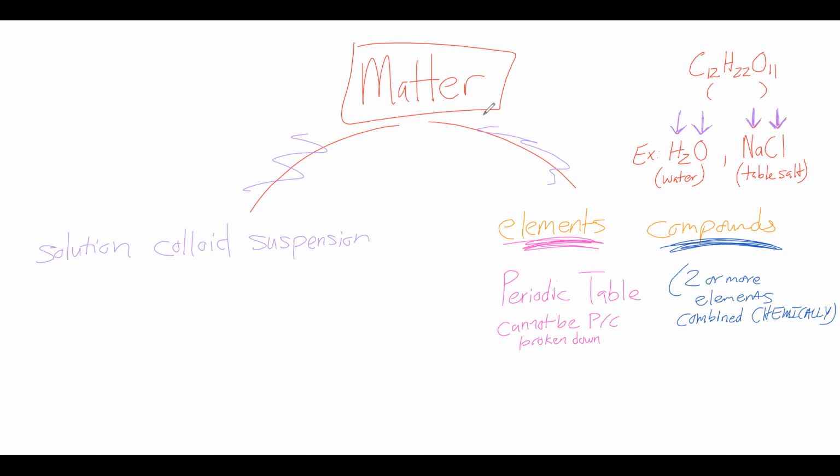There's a super long fancy name that I honestly cannot remember right now. It's glucose, which is also known as, any guesses? It's in your kitchen. Sugar. Yep, it's sugar. Very nice.